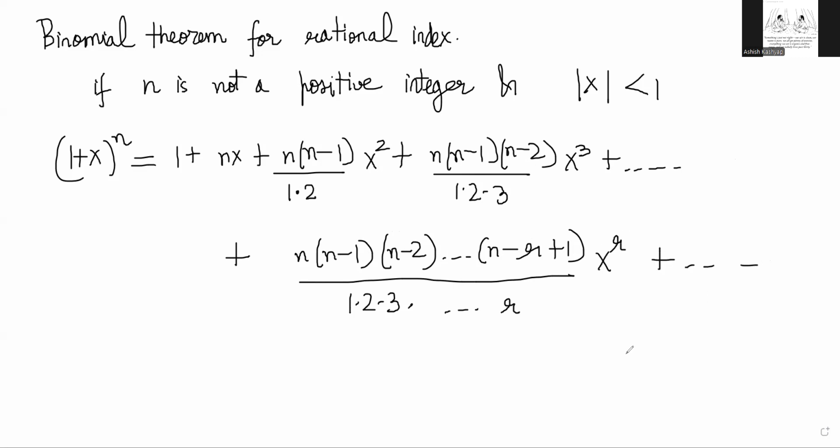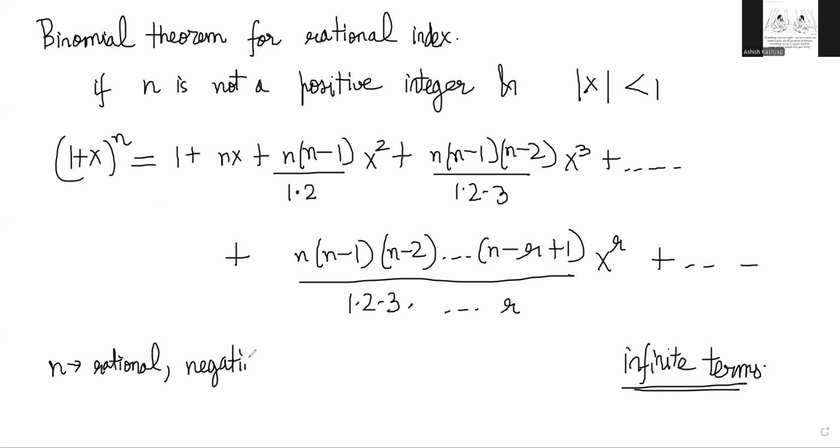And this series has infinite terms. There are infinite terms in this series, and this is the expansion. So here, n could be a rational, n could be a negative integer, it could be anything. And this formula will always work. So it is basically writing the combinatorial coefficients, but writing them in terms of fractions, right?